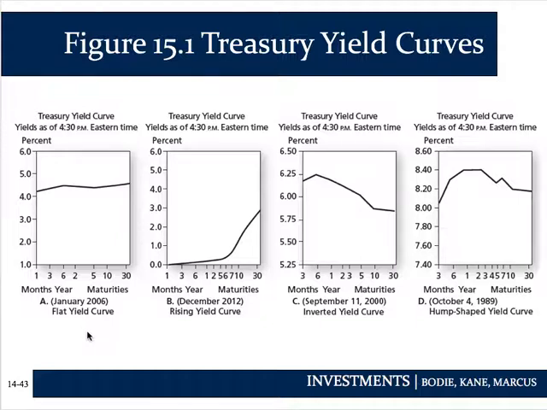Well, if you think about what was going on in 2006, the economy was doing pretty good. Interest rates were fairly high in the short end, 4%. In the long end, they were also being pushed down. Well, if interest rates are down, bond prices are up. We'll talk about why this happens later, with expectations hypotheses and liquidity preference.